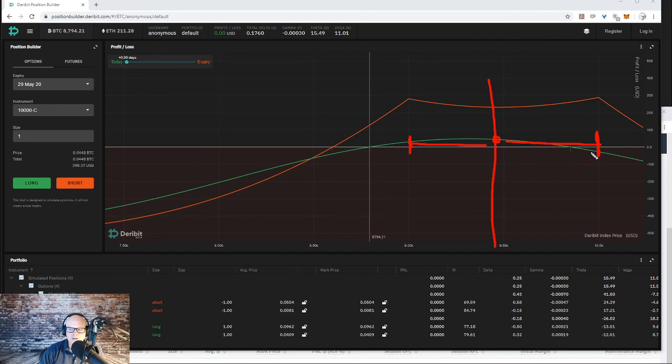Quite honestly, this is the only adjustment I've ever had to make, to a single, to a double calendar, and that's usually enough to allow me to win the trade, shut it down, do whatever I want with it. But there's actually a third, and that's if the price gets to the next adjustment points. Let's assume that we have a rally up to 10,000 BTC, and we're still in this trade.